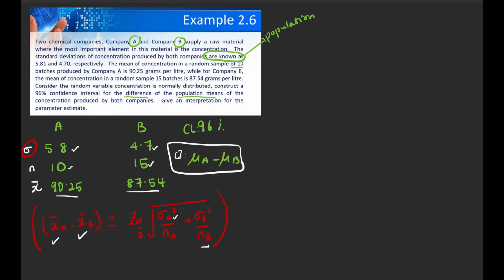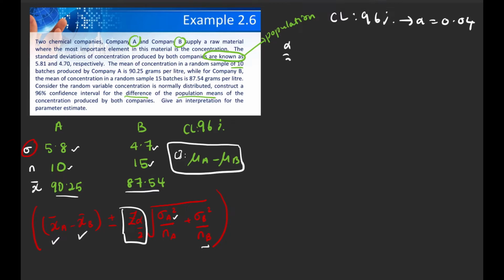Now, you don't know this value. So, like the example in topic 2.2, you can find Z in your stat table. So I hope from now on you know how to find Z in your stat table. So confidence level 96%, so alpha is 0.04.